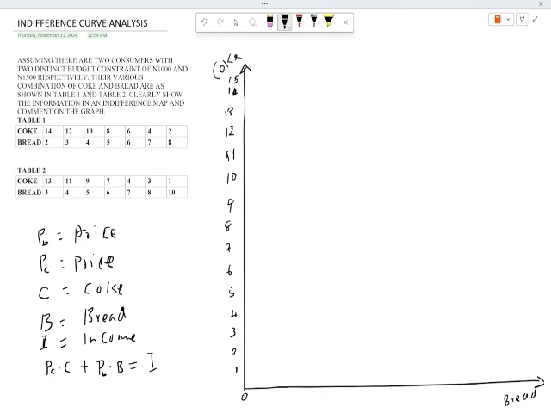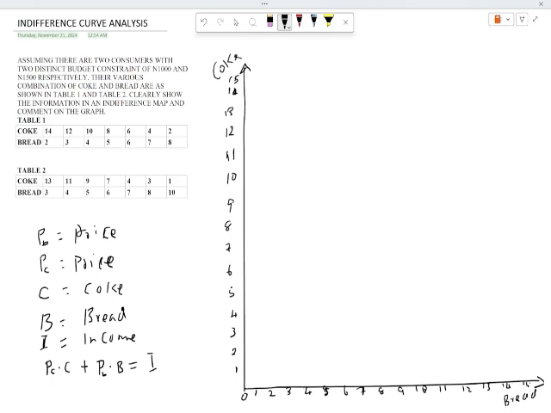Then you come here too: 1, 2, 3, 4, 5, 6, 7, 8, 9, 10, 11, 12, 13, 14, 15.